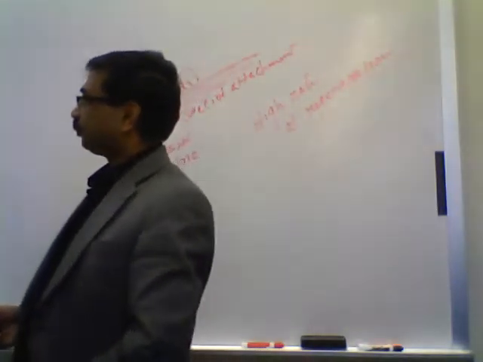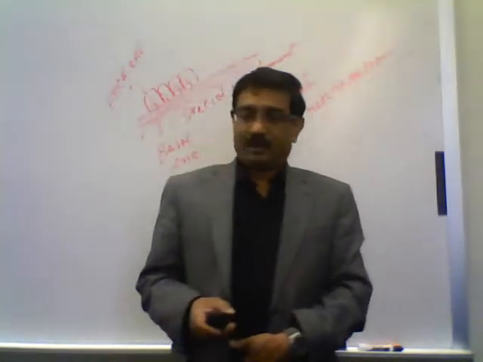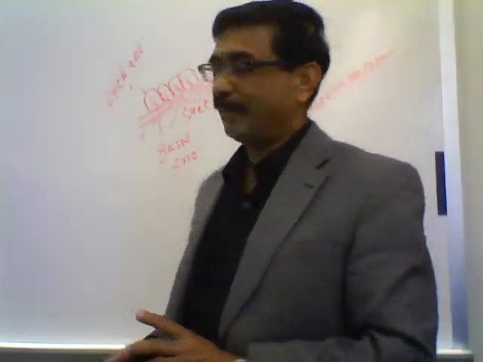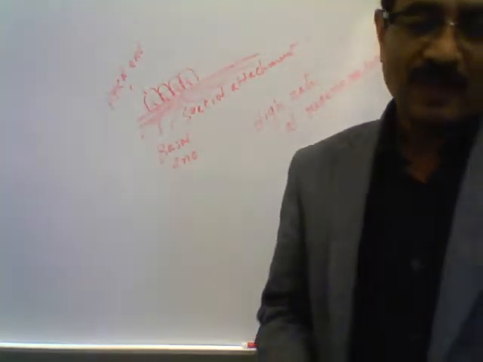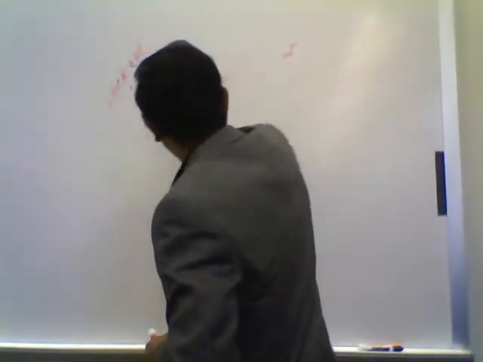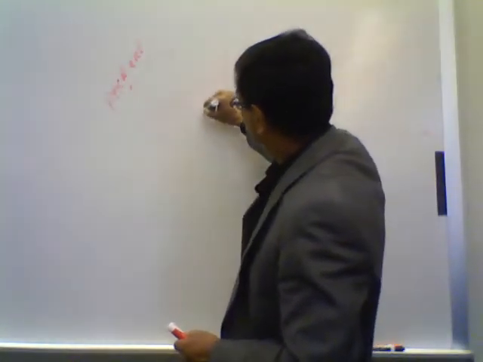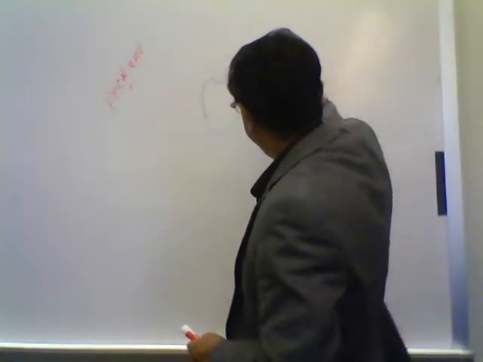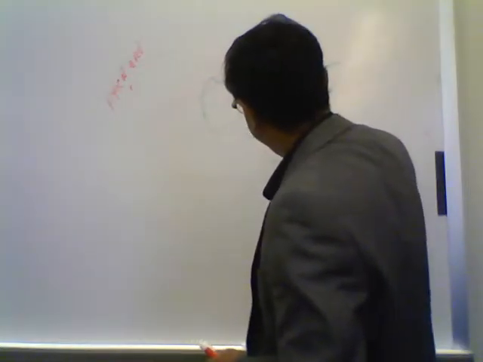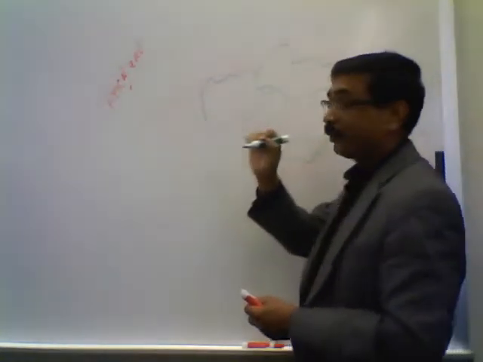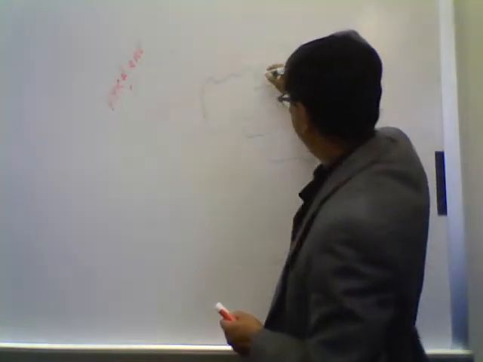So first, the simple squamous epithelial tissue. That means a single layer of flat cells. You see this picture like fried eggs attached like this. Why is this simple squamous? You have to be very careful when you see the tissue under the microscope.